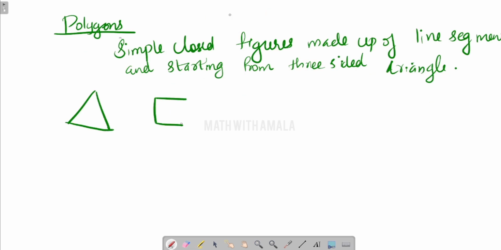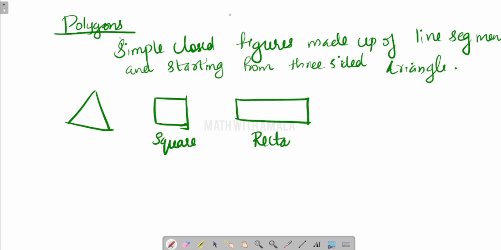So let's start with the triangle. Then the next figure is square or rectangle. You can call that family of four-sided figures quadrilaterals. Now there is a chance for increasing the number of thorn sticks or the number of sides. Then a five-sided polygon is called a pentagon. So the first one is called triangle.